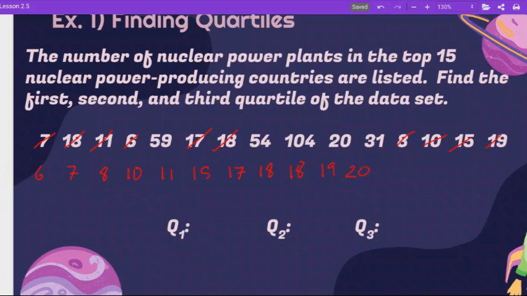We have a 20. We have a 31. We have a 54. We have a 59. And a 104, I believe, are our last numbers.